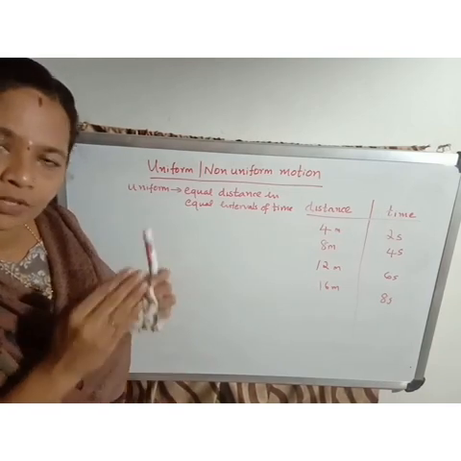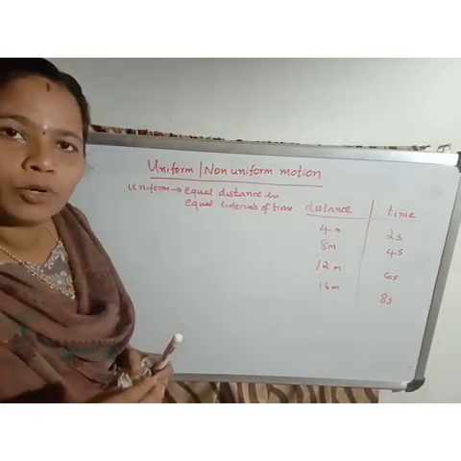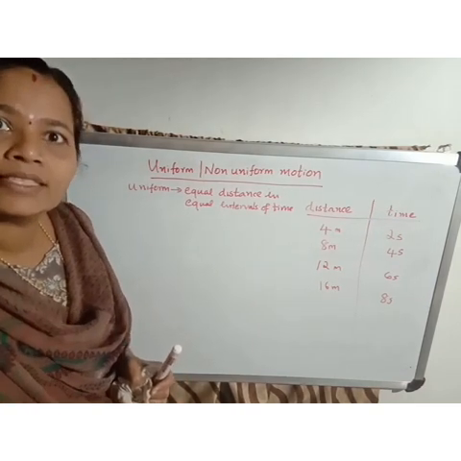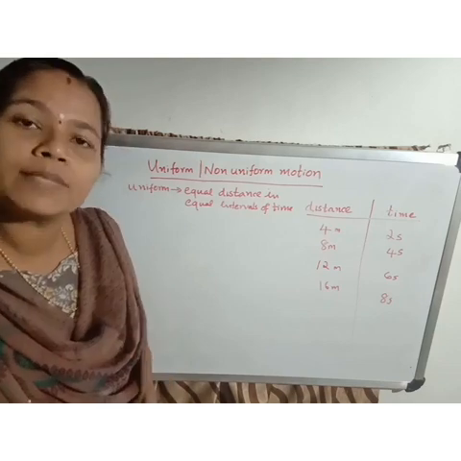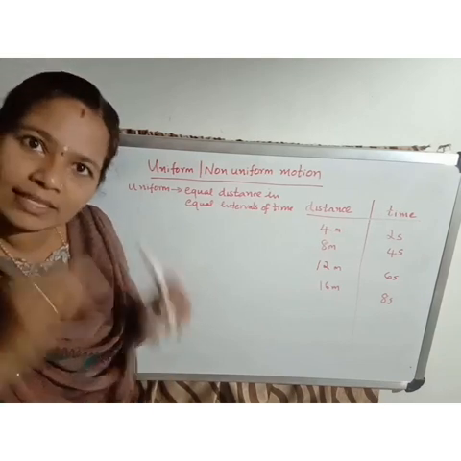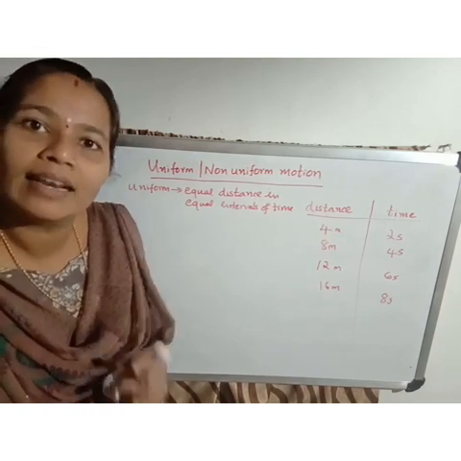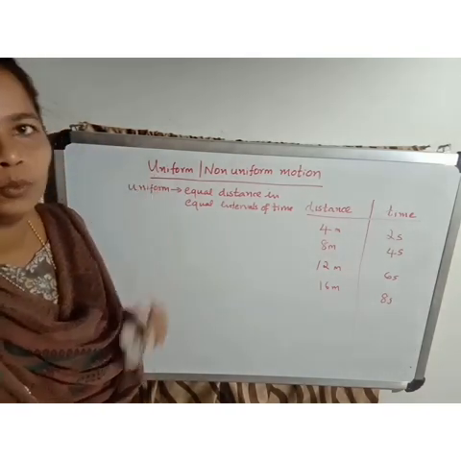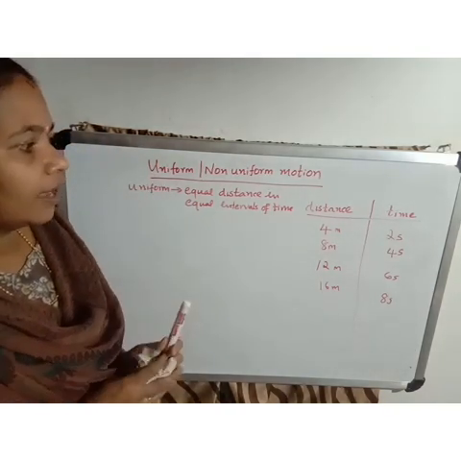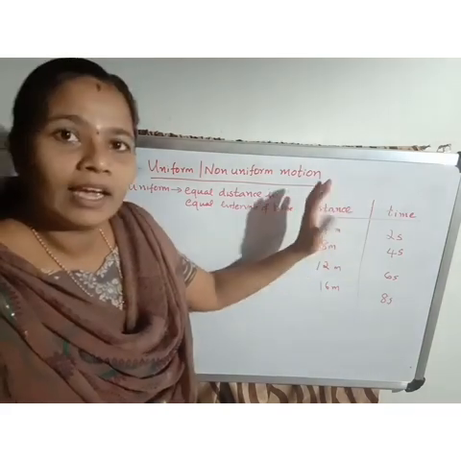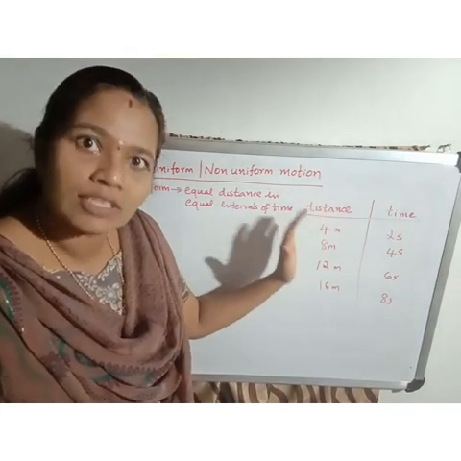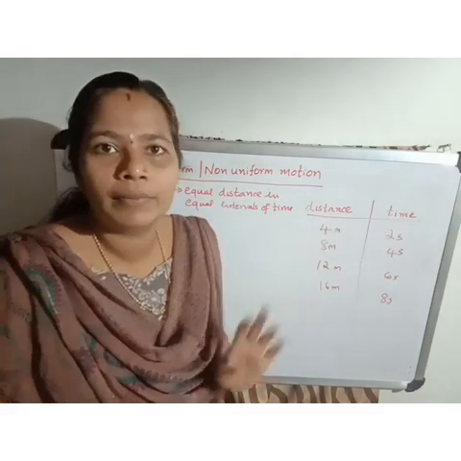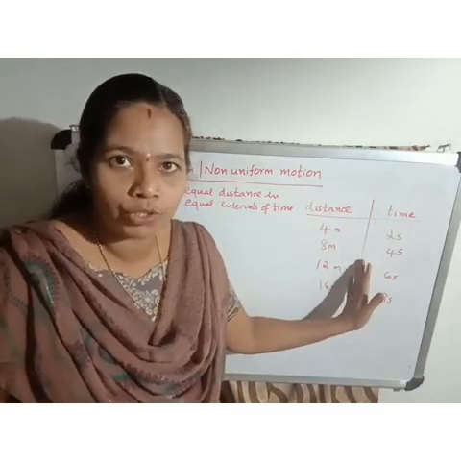If the body is covering 4 meters in 6 seconds, the next moment it also covers the same 4 meters in another 6 seconds. Such motions are called uniform motion. This is one example, and we are going to plot the distance time graph for such a uniform motion.